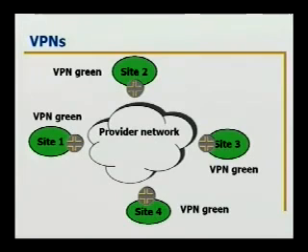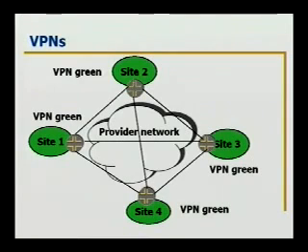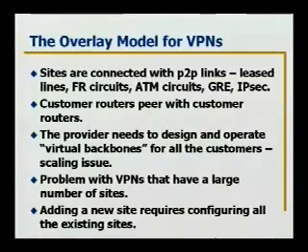So what does it look like? The picture looks like this. We have a few different sites, and they're not interconnected between them. And what we want to do is achieve connectivity between them across the provider's networks. So the first models of VPNs were the overlay models, where we would actually do physically what I just showed conceptually in the picture before. So what we would do is connect all these sites with point-to-point links, frame relay circuits, ATM circuits, whatever.